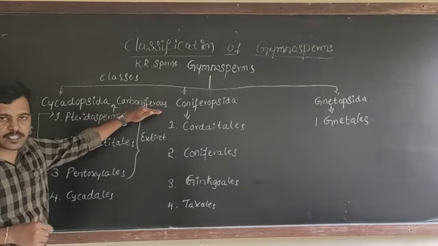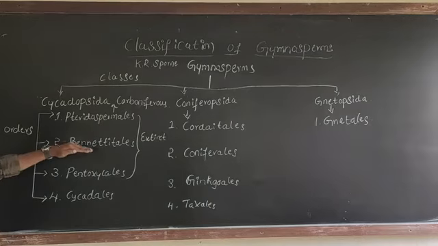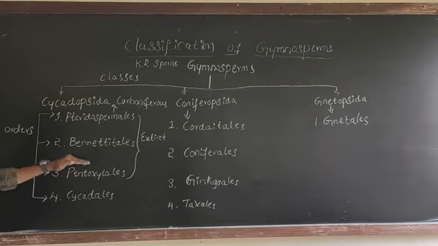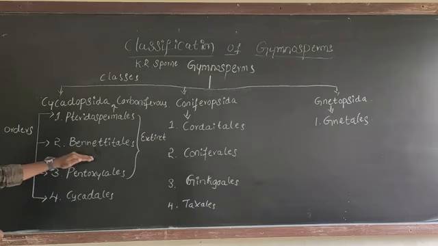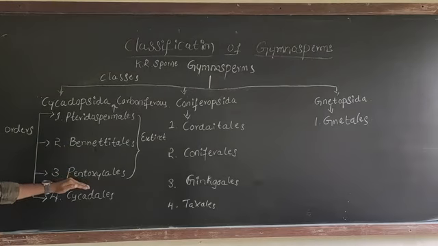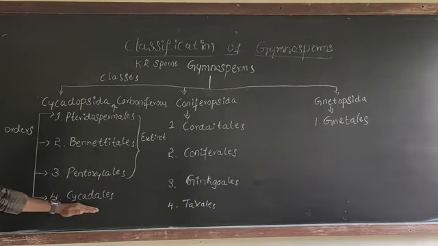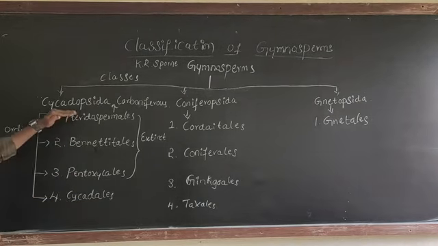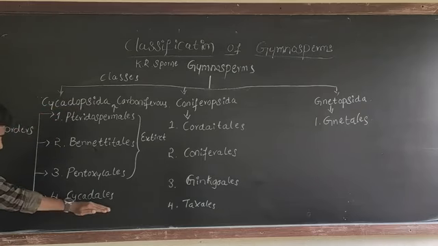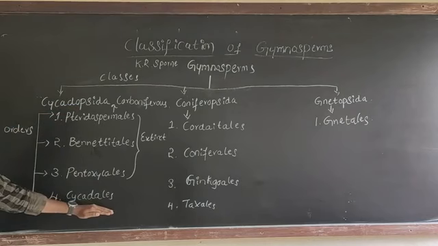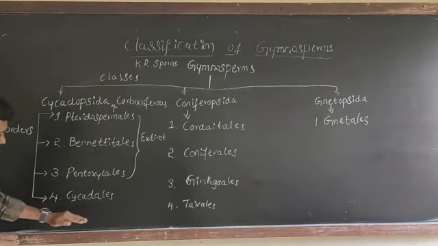Today you will not find living forms of these three orders. The fourth one, Cycadales, is the only living order under Cycadopsida, which means the members of Cycadales are still living.